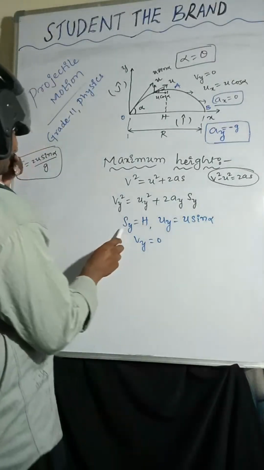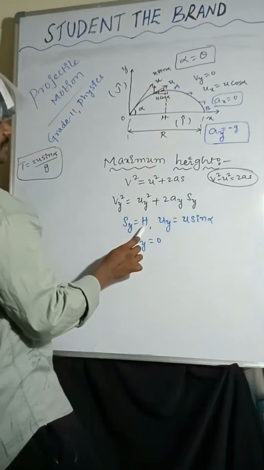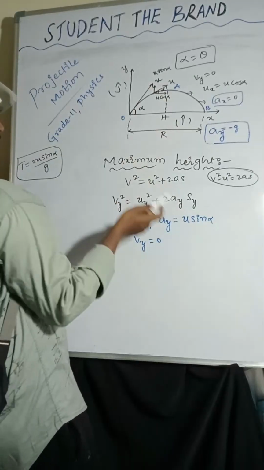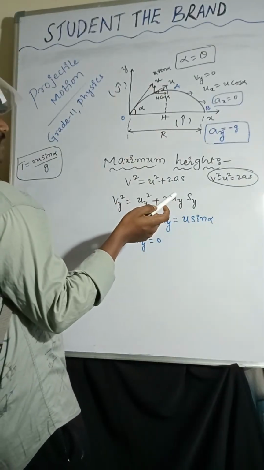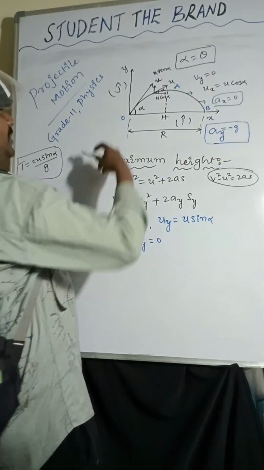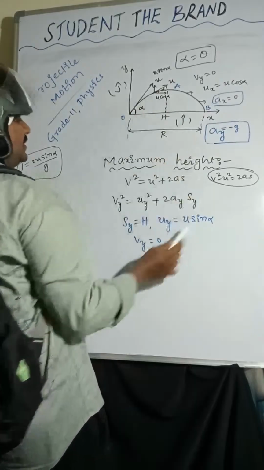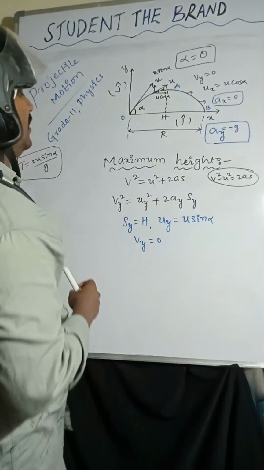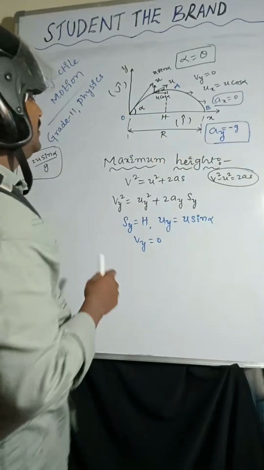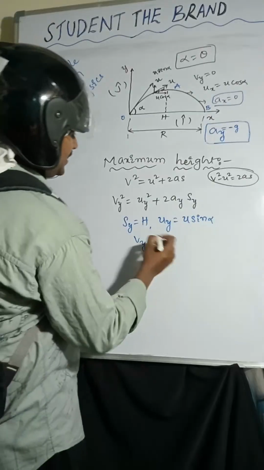Once again, maximum height h, and uy equal to u sin alpha. This is initial. At maximum height vy is 0, but initially uy equal to u sin alpha. And ay, what is the ay value?